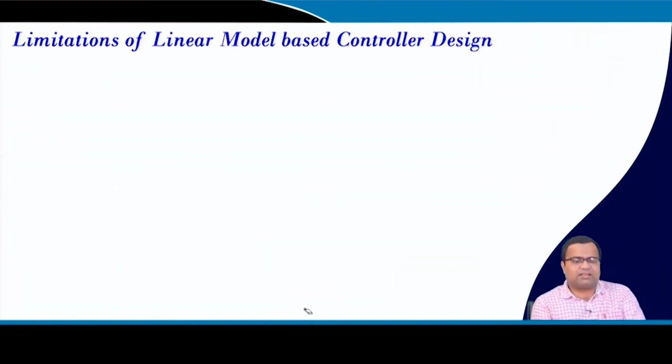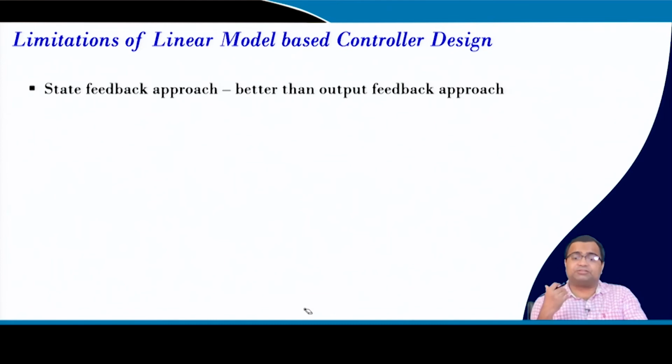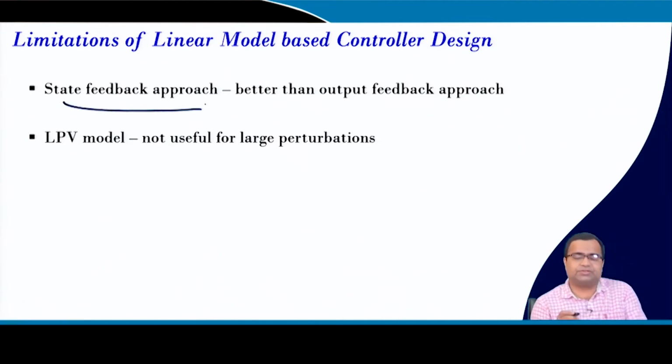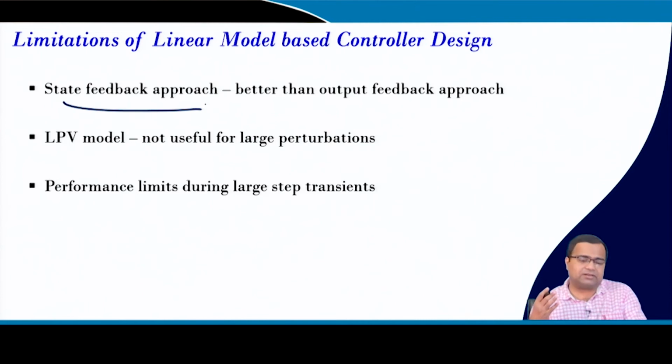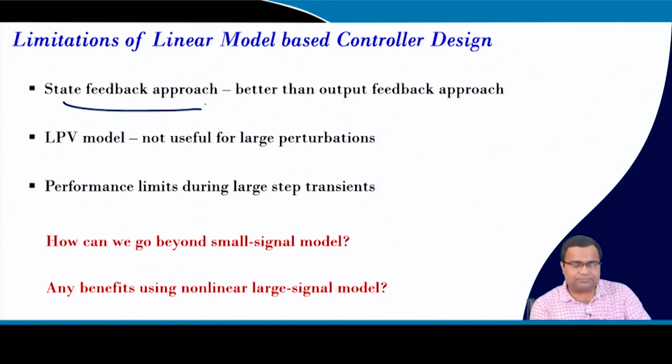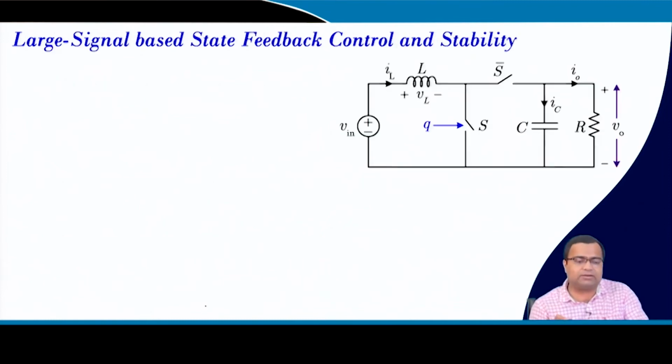Okay. But here we are still using linear control. Though the state feedback approach is better, due to the linear approach it cannot handle large perturbation. So, performance is limited. So, can we go beyond the small signal model? Is there any benefit in using a nonlinear or large signal model?